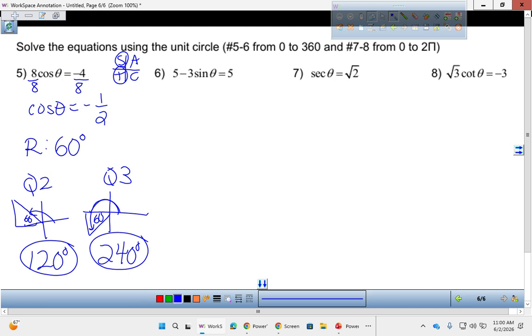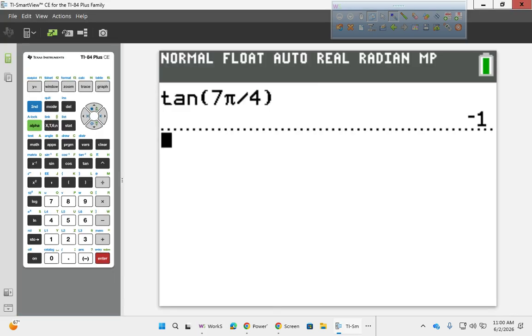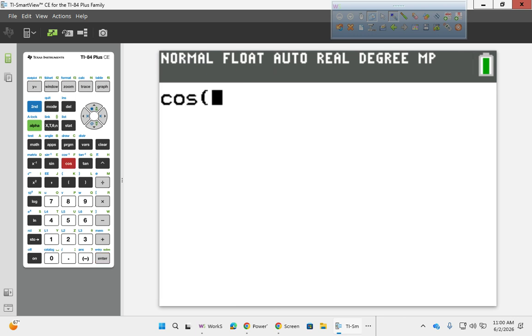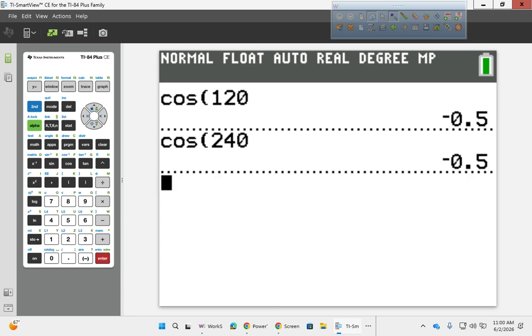So now that on your final, you do have a calculator, you could always check these. Cosine of 120 and cosine of 240. Just make sure you're comfortable switching your modes in your calculator, because that's degree. Cos of 120, cos of 240. Both are negative 1/2. That's what I want. Alright, so those are your answers.